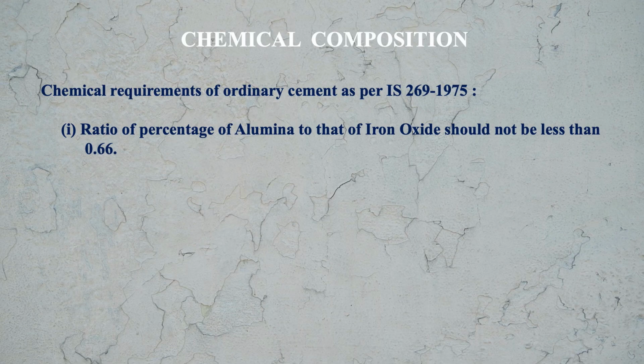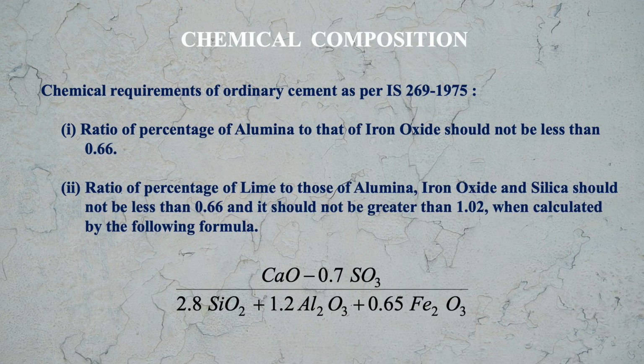condition is that the ratio of percentage of lime to those of alumina, iron oxide and silica should not be less than 0.66, and it should not be greater than 1.02 when calculated by the formula CaO minus 0.7 SO3 divided by 2.8 SiO2 plus 1.2 Al2O3 plus 0.65 Fe2O3.